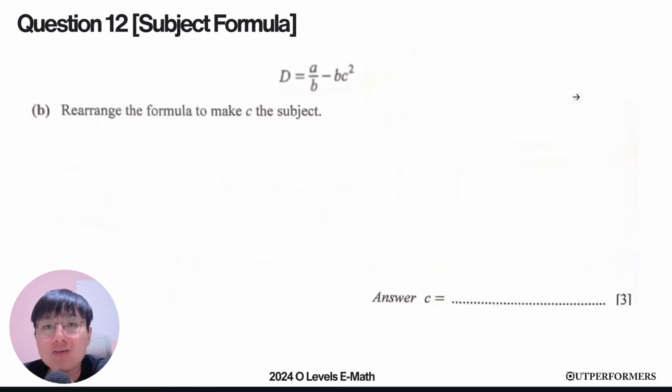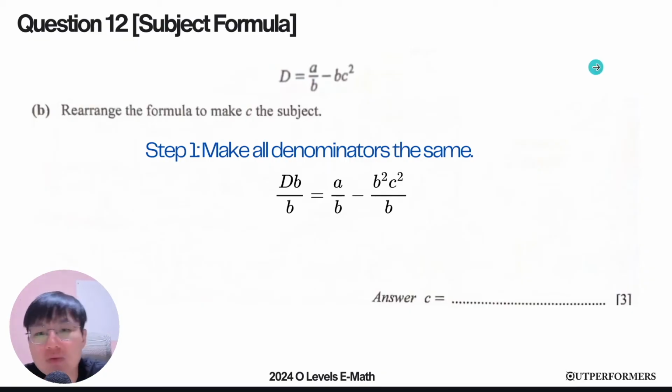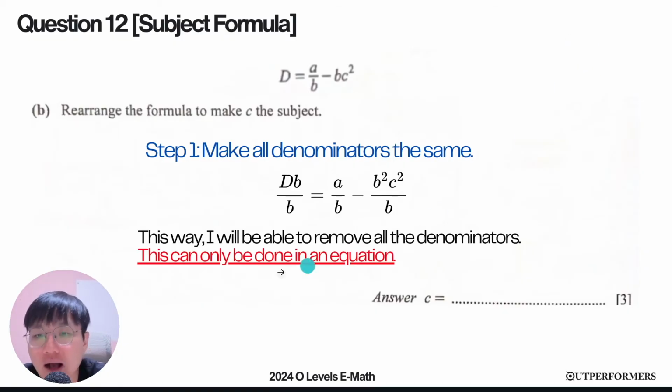Okay, now we start the actual making something the subject. Whenever there's making something the subject in a fraction aspect, I always tell my students, we try to make all the denominators the same first. And why is that so? Because in the context of equations, when we make everything the same, only in an equation, let me just specify, only in an equation, we are allowed to remove them.